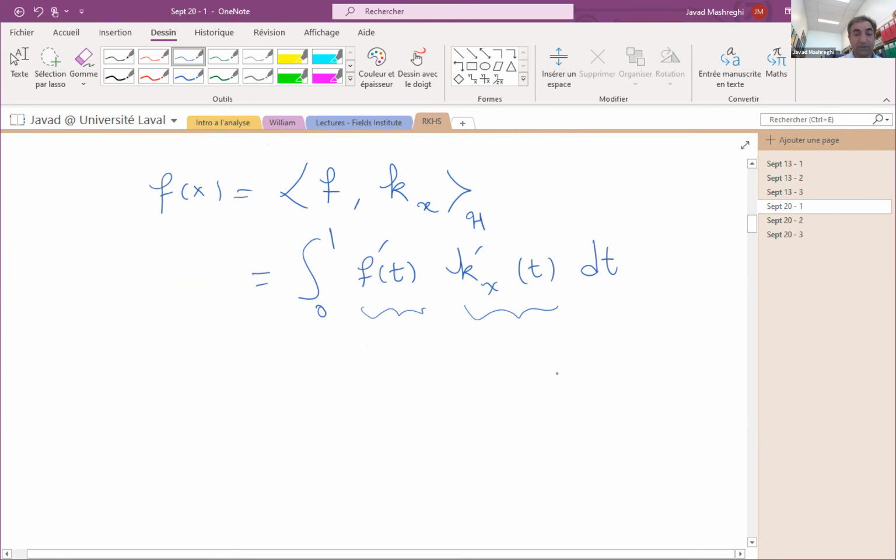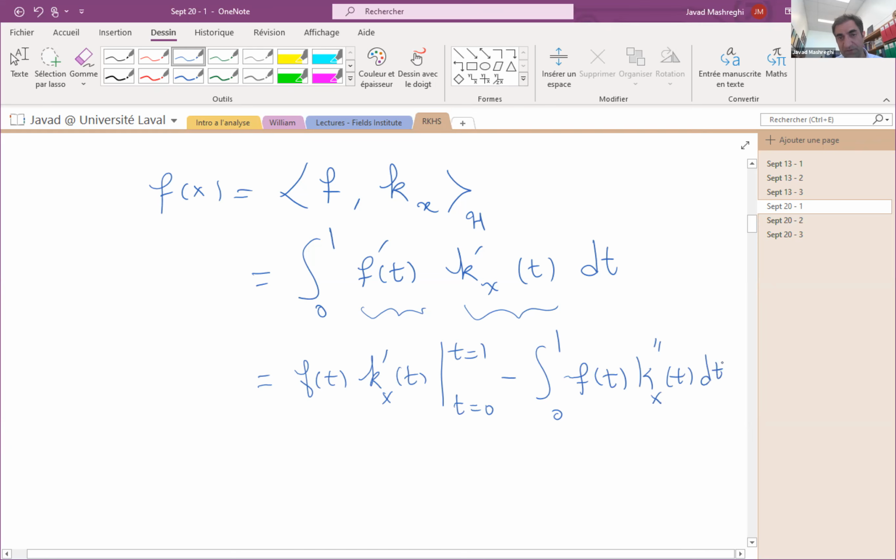If we know that k has a second derivative, we can do integration by parts and write this as f(t) k_x prime(t) from 0 to 1, minus the integral from 0 to 1 of f(t) k_x double prime(t) dt.